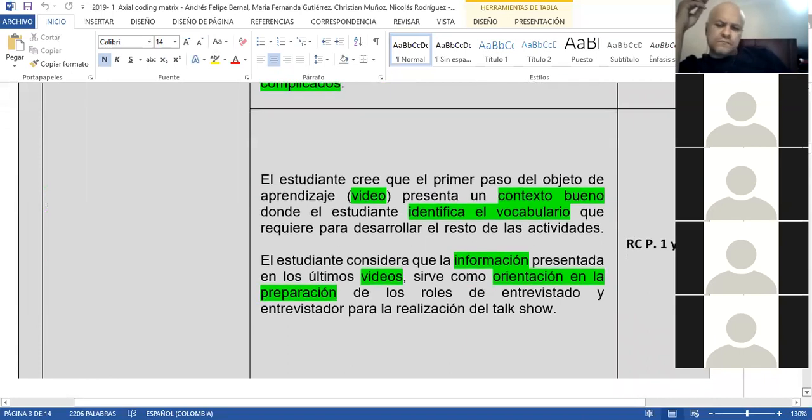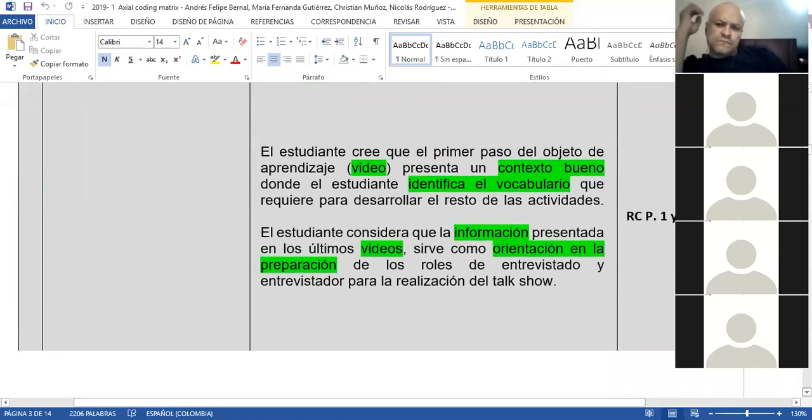Okay, so it's not a code that was created without any support on the collected data. It's just a way to group the opinions.